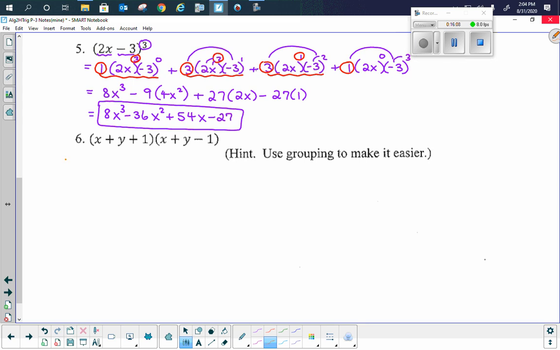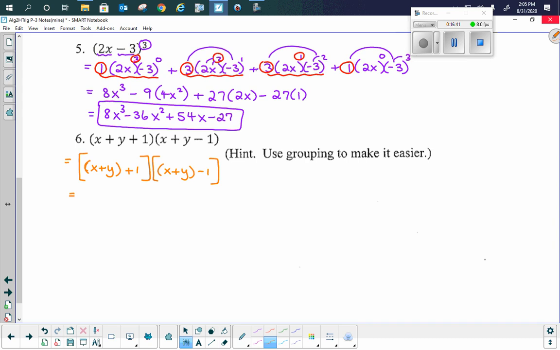And by that, we mean, hopefully, I'm going to put some brackets to make it a little easier to see. Let's group the x plus y together, plus 1, and group the x plus y again together, minus 1. So I didn't change anything, just how it looks. Okay. And then hopefully, if you are multiplying these together and thinking about what we did above with the sum and difference of the same terms, hopefully you see those as the same terms.